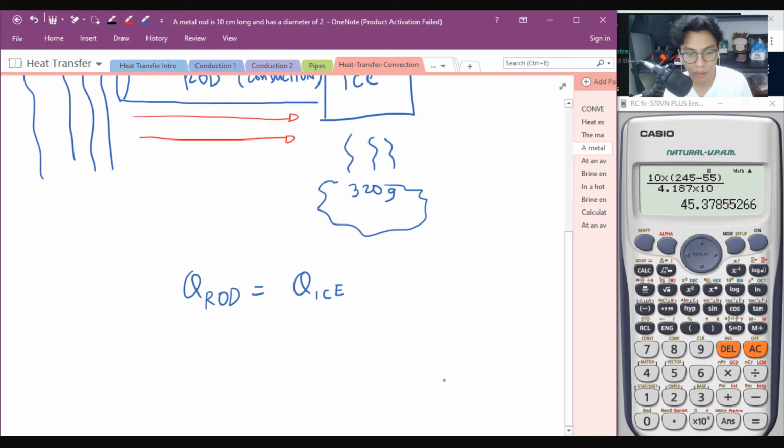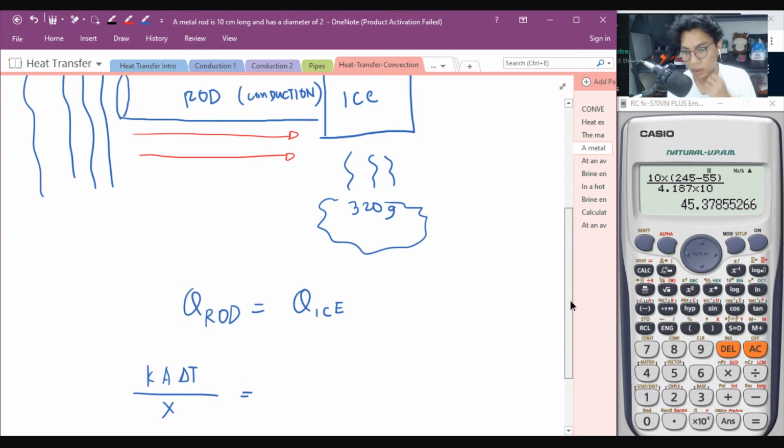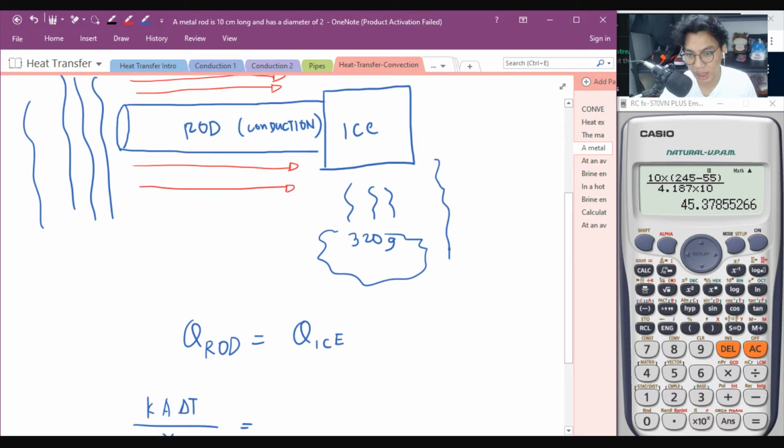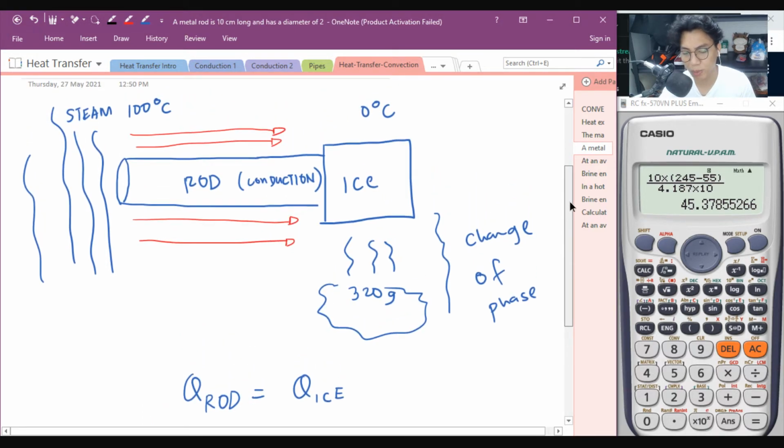Okay? Yung sa rod, ano po ba yung formula kapag heat transfer? Di ba meron kang kA delta T over x? Ano din dito? Now, nagkaroon ka ng change of phase. There is a change of phase. Bakit nagkaroon ng change? Kasi nga, nag-melt yung ice mo.